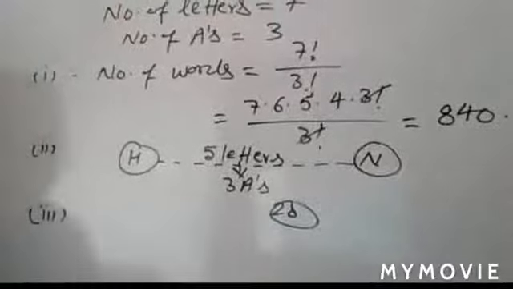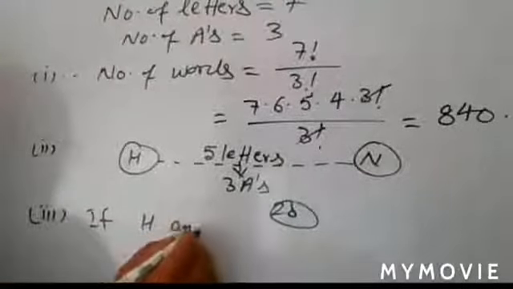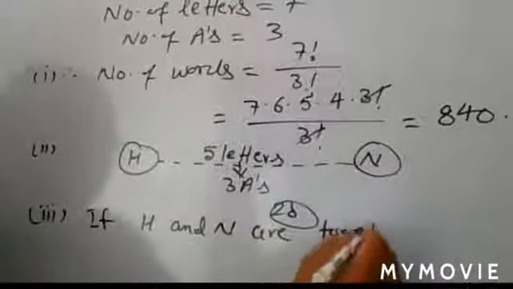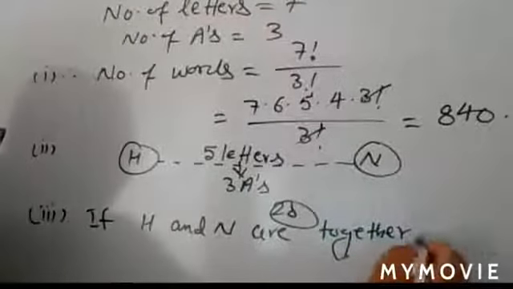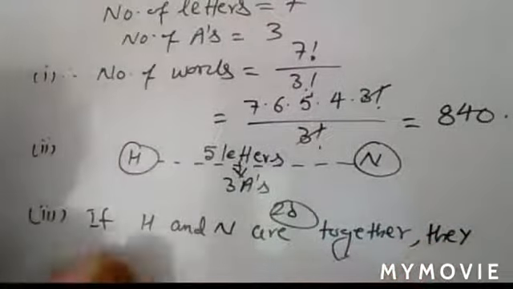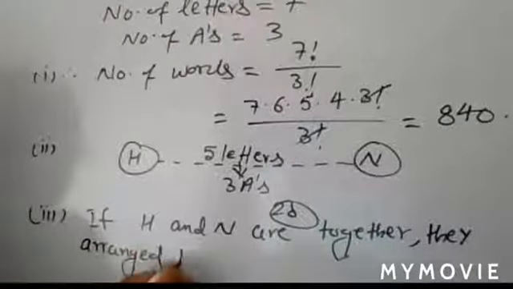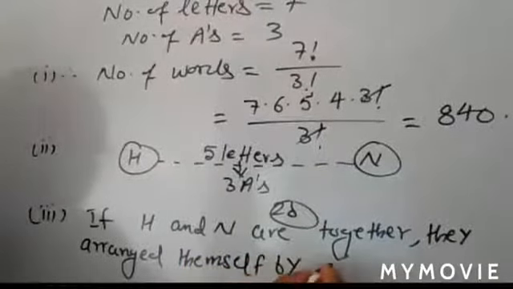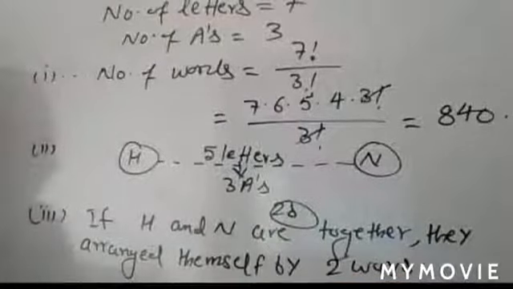So write: if H and N are together, they arrange themselves in 2 ways.